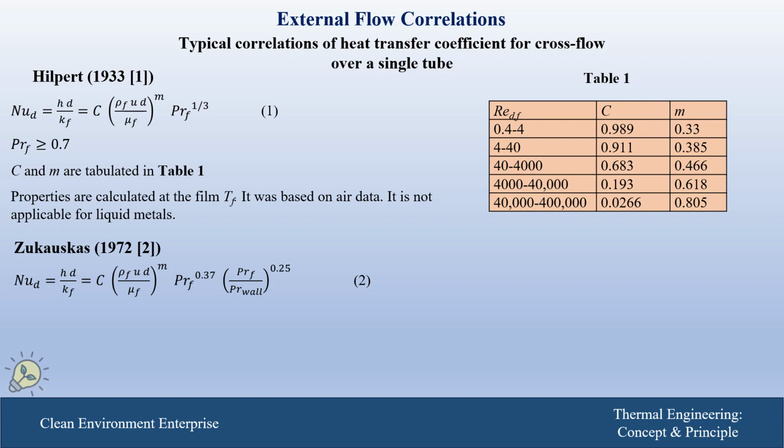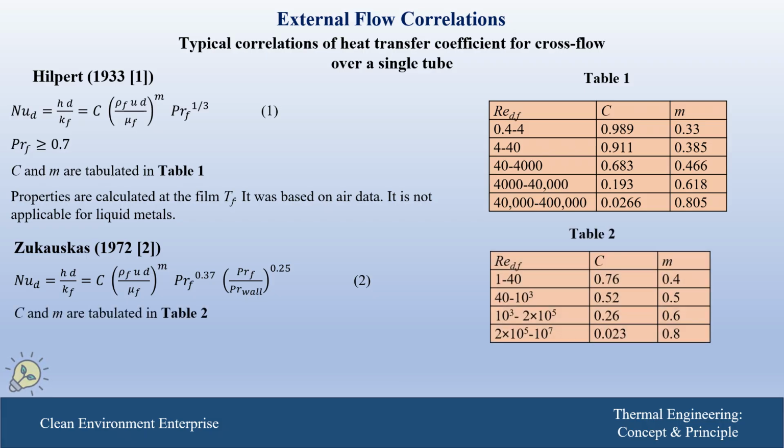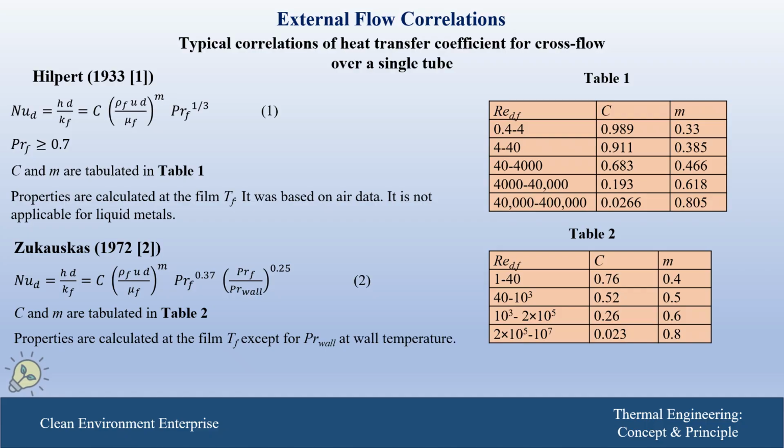So the Prandtl number calculated at the film temperature is divided by the Prandtl number calculated at the wall temperature, to the power 0.25. And he also prepared a table for obtaining the values of C and m, as shown in table number 2. And of course, the properties are calculated at film temperature except the Prandtl number at the wall temperature.